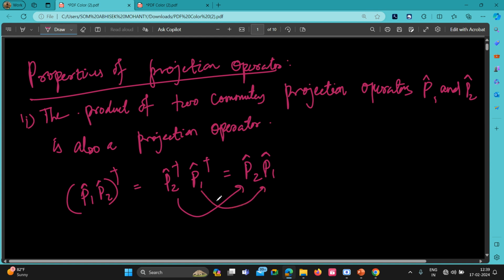So P2 dagger is equal to P2, P1 dagger is equal to P1, and their square will be what?